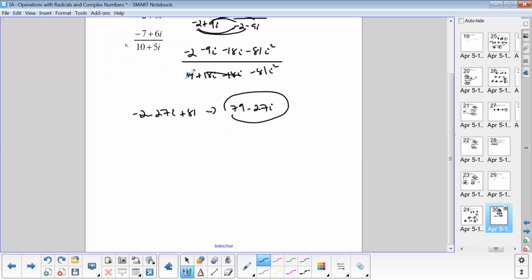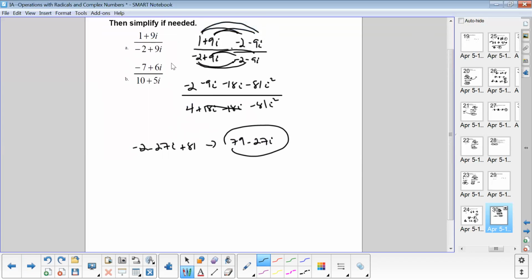And notice when you took the conjugate and you multiplied by the conjugate, you actually lose the middle term. And then this -81i squared would be positive 81.